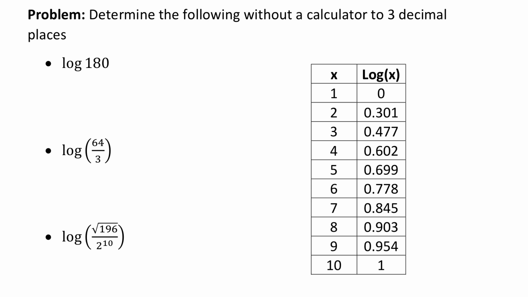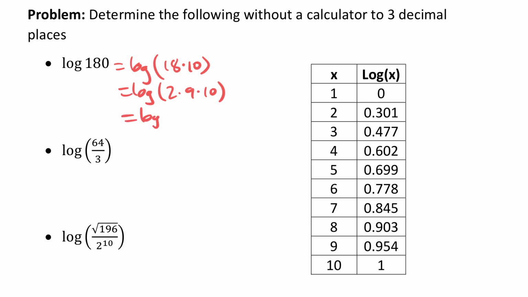All right, so for the first one here, we need to write it in terms of numbers on the table. I could do 180 as 18 times 10, but I don't have an 18 on the table, so I probably need to go even further. This would be 2 times 9 times 10. Yeah, I see those numbers.